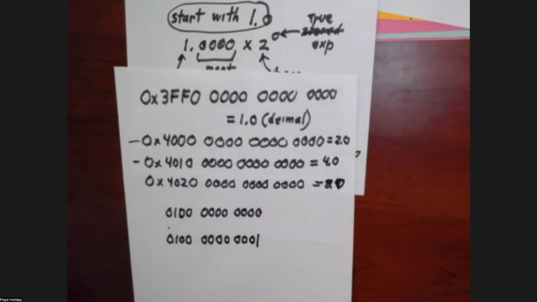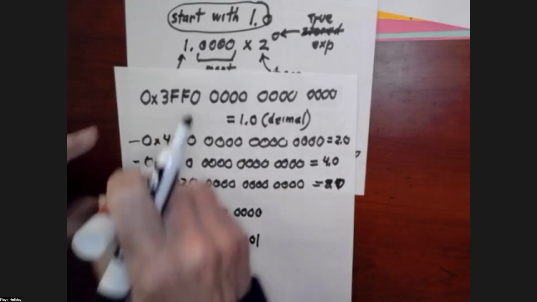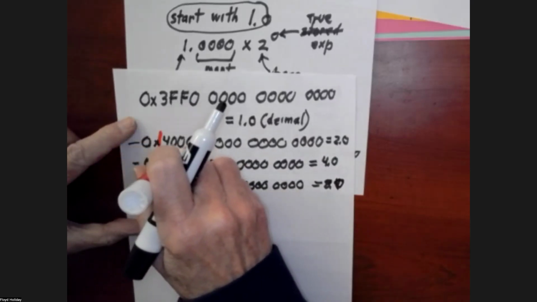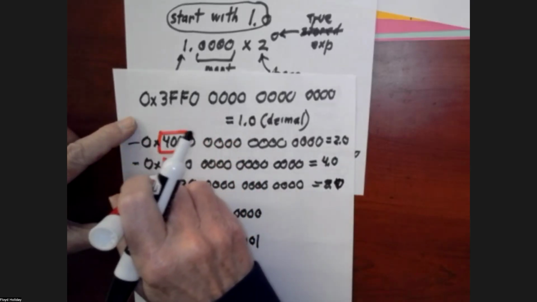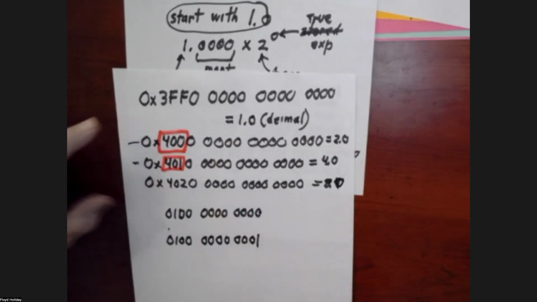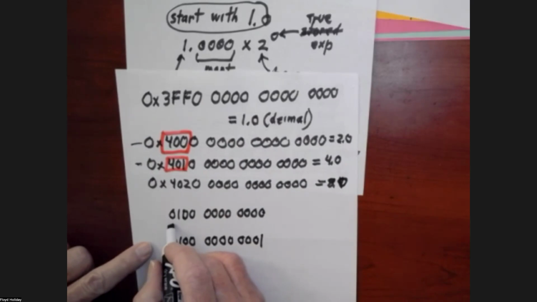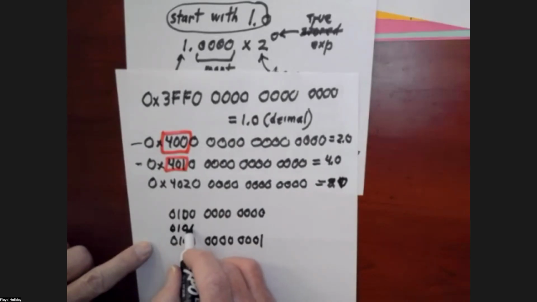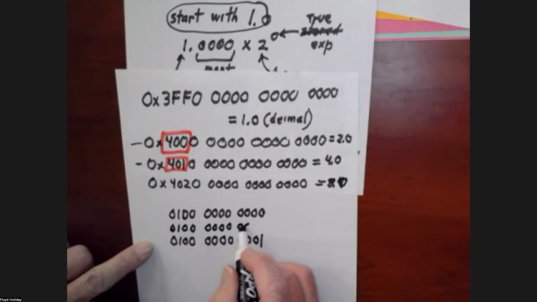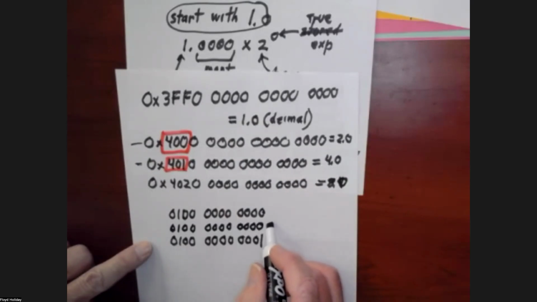Those two numbers are written out in detail. Halfway between would be 0, 1, 0, 0, 0, and so on.